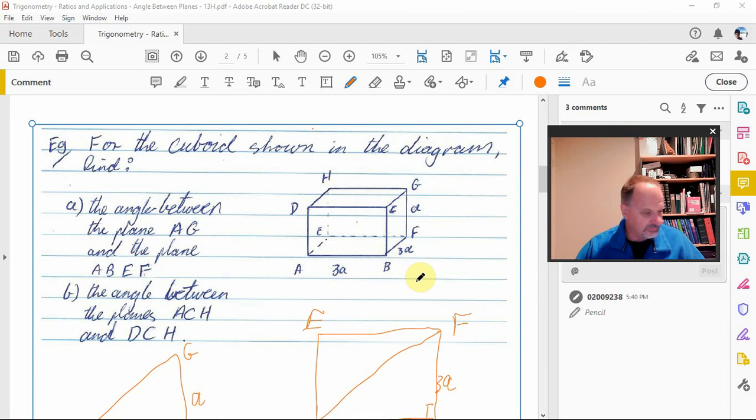All right, so the angle between the planes ACH, so ACH.